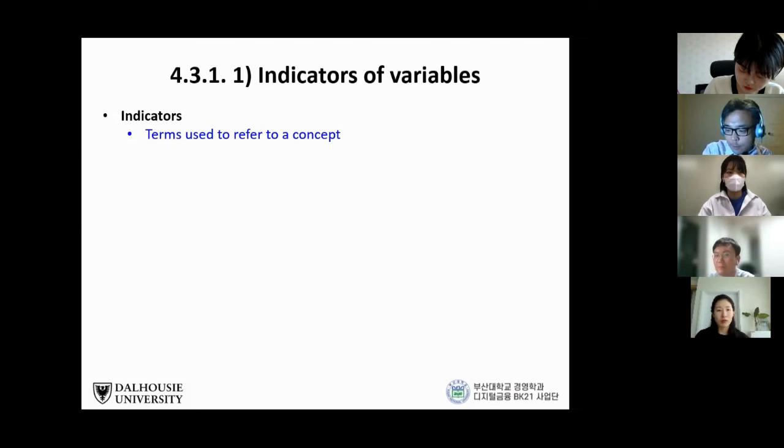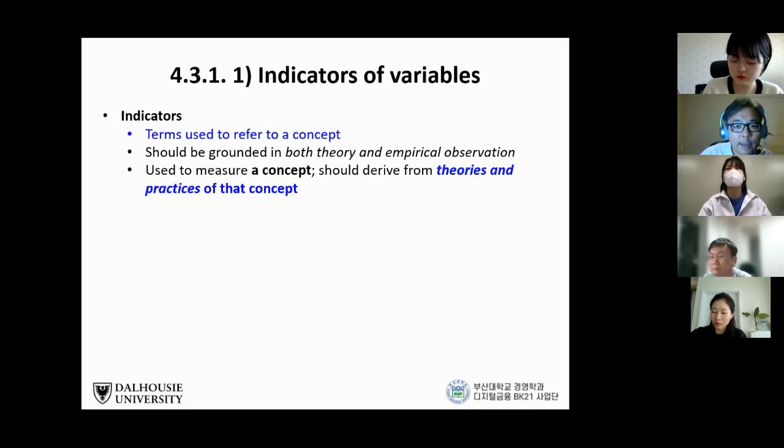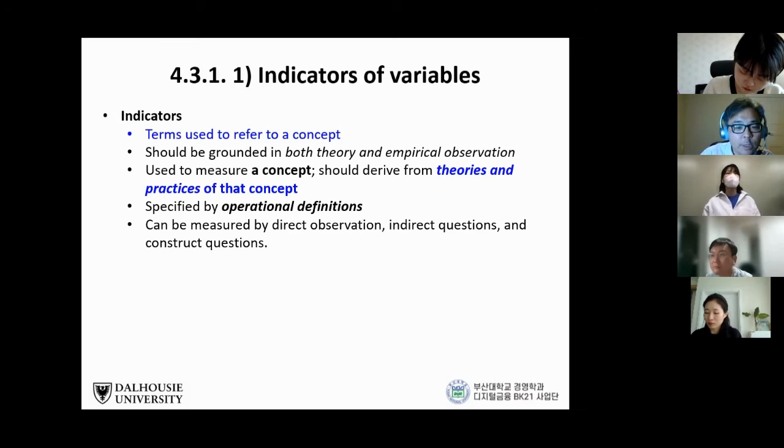They have to be grounded in both theory and observation, and usually those indicators are specified by operational definitions. Operational definitions explain what the measurement of that particular construct or that particular variable is.